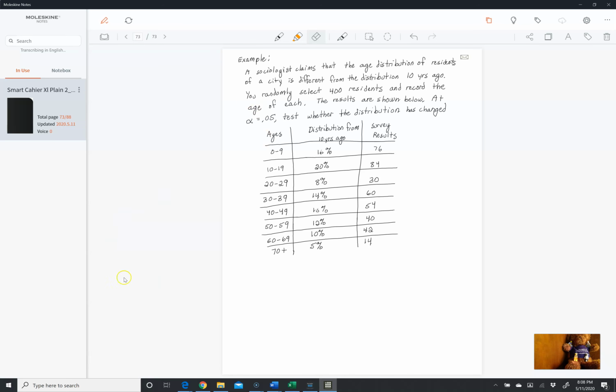Okay, well, the first thing that we need to do is we need to verify that the expected frequencies are greater than or equal to 5. So we have to calculate those expected frequencies. So I'm going to put that calculation over to the side over here, okay?